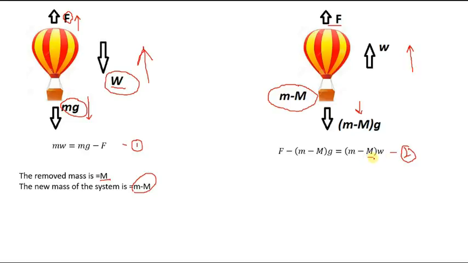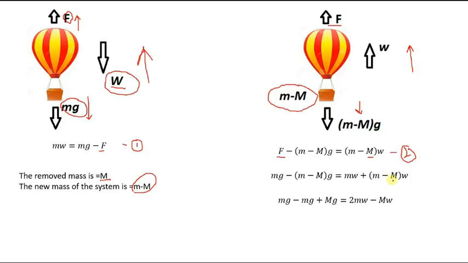If we add both the equations, F here is with a positive sign and F there is with a negative sign, so both the F's will cancel each other and we'll get the following equation: mg minus (m minus M) times g equals m w plus (m minus M) times w.